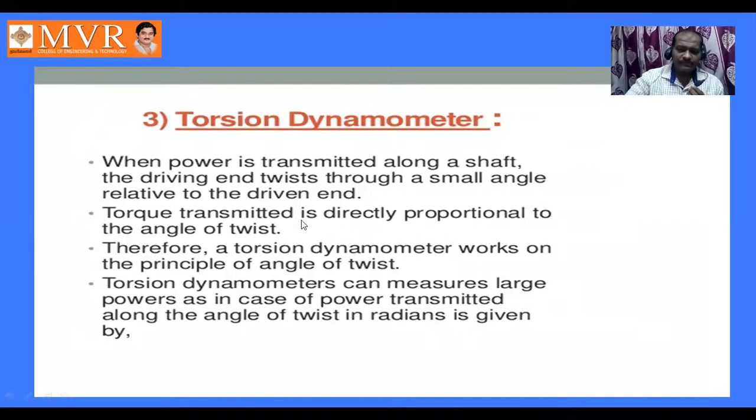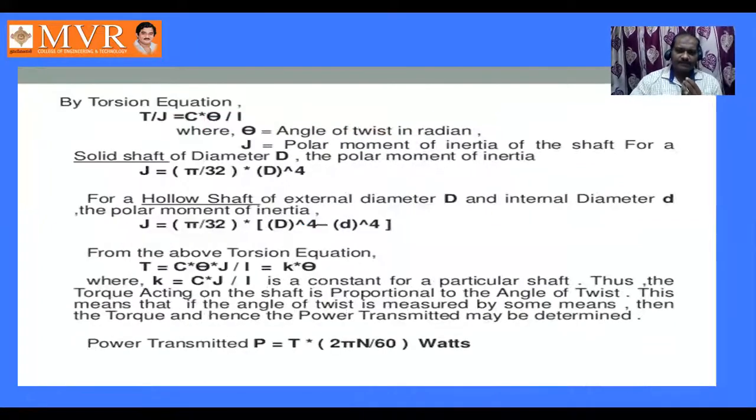Let us see how the relation comes. By the torsion equation, T by J is equal to C theta by L. Theta is the angular twist in radians. J is the polar moment of inertia of the shaft.